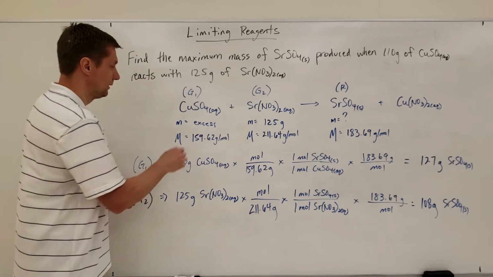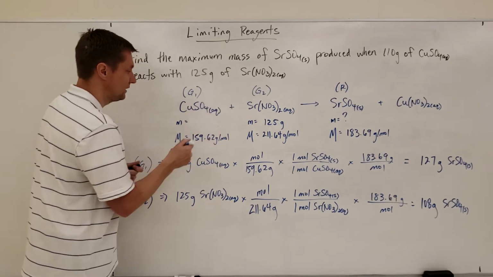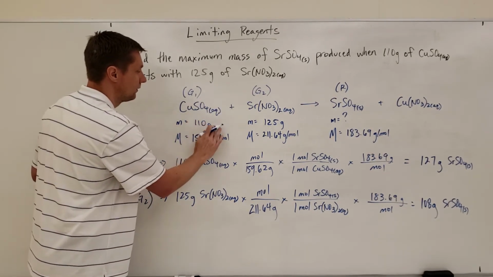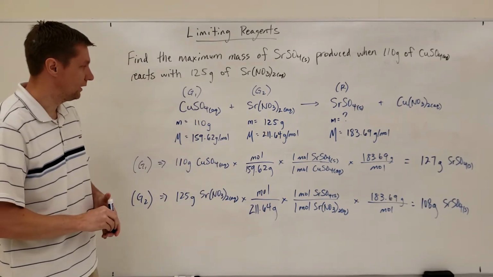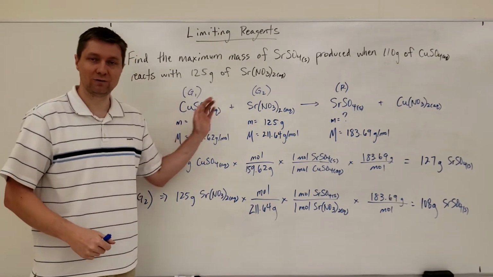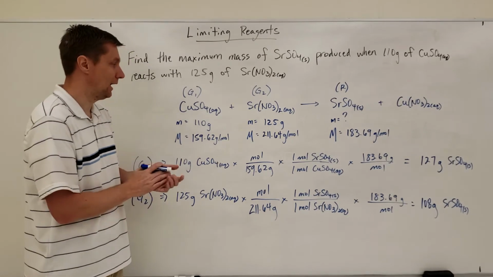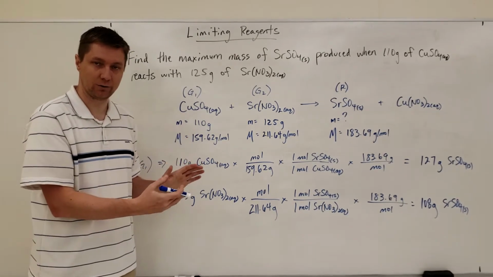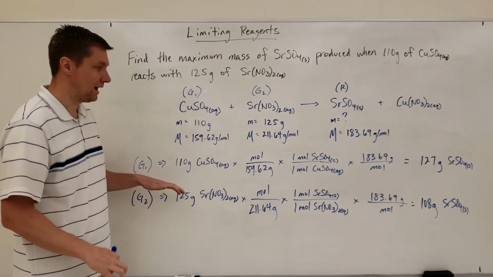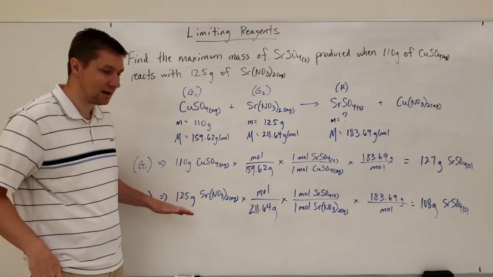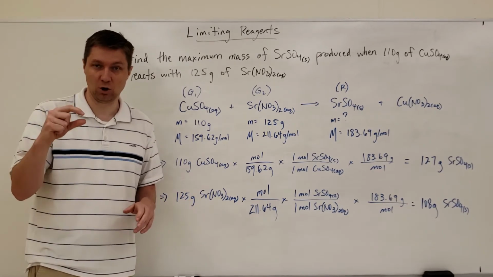Because what we now have to consider is that I'm no longer reacting both of these in excess amounts, I have a limited supply of both. And so what we have to say is, the maximum amount that can be produced is the smaller number.